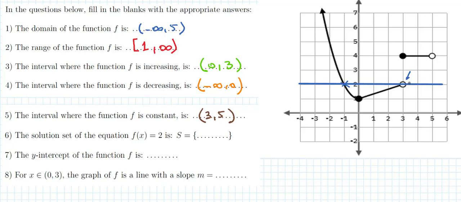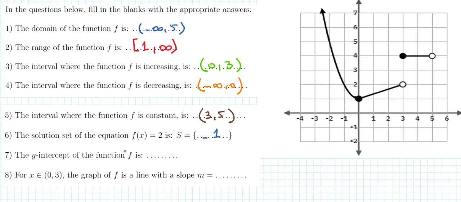But as we see, the point at x equals 3 does not belong to the graph of f. So by consequence, it does not belong to the intersection of the graph and the line. So we can say we have only one intersection, which is at the point x equals minus 1. So we conclude that the solution set of the equation f of x equals 2 is S equals the singleton minus 1.